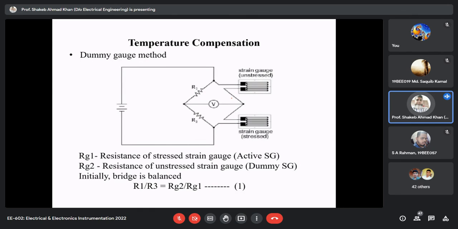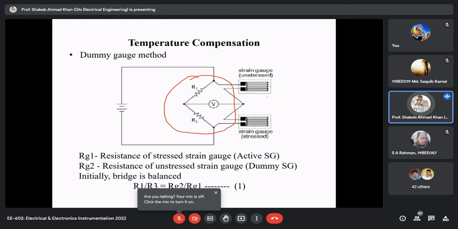This is the dummy gauge method. I'll explain it; I'm just trying to give you the feature of what exactly we get out of it. Instead of one strain gauge, we take two strain gauges.